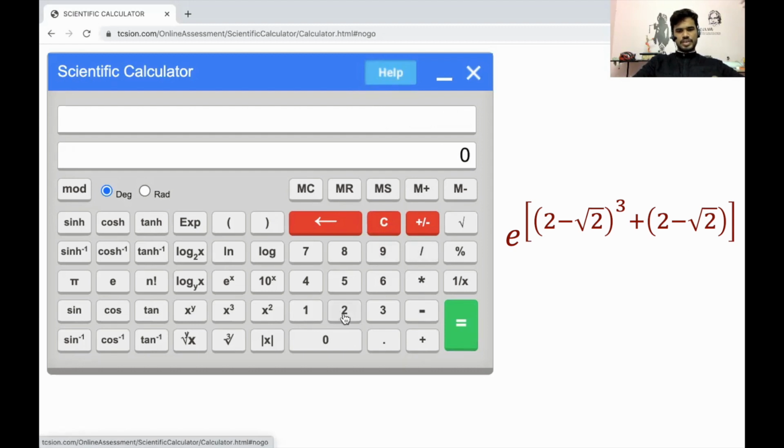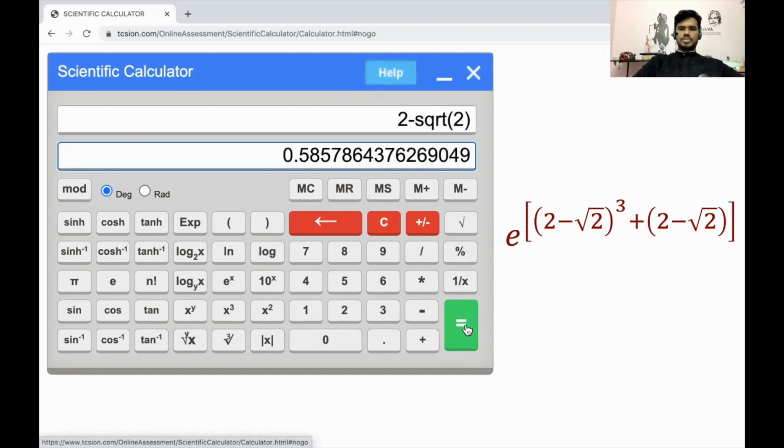So quickly do that. First of all, always start with a clean slate, start with 0 here. 2 minus root 2, I suppose, let's do a bracket just in case. Okay, 2 minus root 2. Okay, I got this, right? Yeah, 2 minus root 2, right now, notice, is 0.5857.